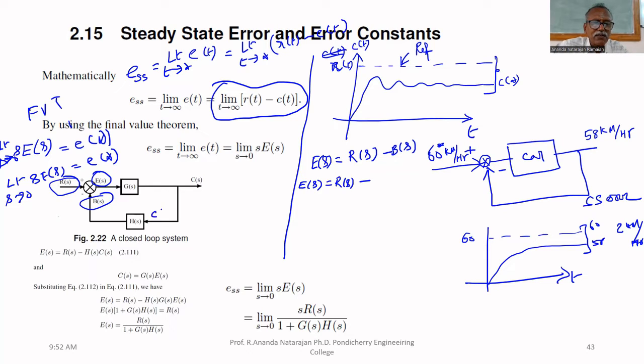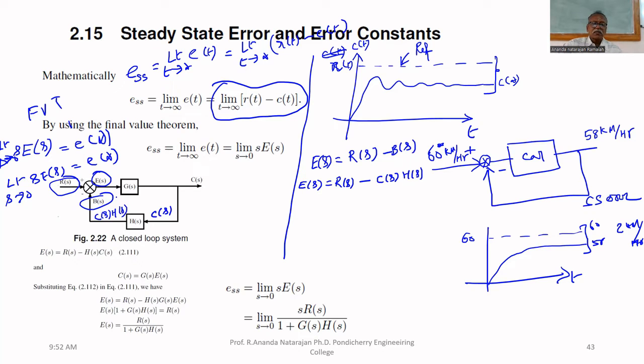If you take here, what are we giving? C of S we are giving. It is multiplied by H of S. Therefore, B of S can be written as C of S, H of S, or H of S, C of S. Just a multiplication, we can put either side.